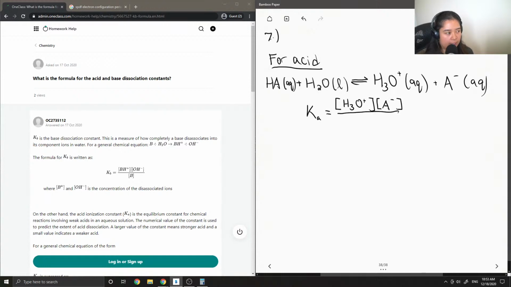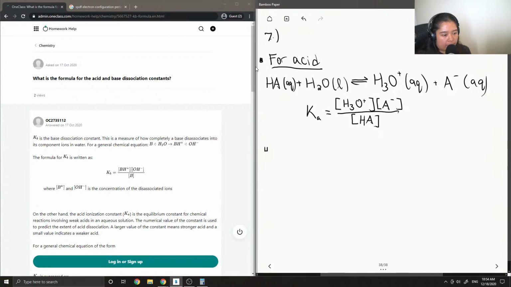And when we write down the expressions, we only want to include the ions that are aqueous, so water won't be included in the expression. So over the reactants, it's just going to be the concentration of HA. Okay, so this is how you would find the formula for the acid dissociation constant.